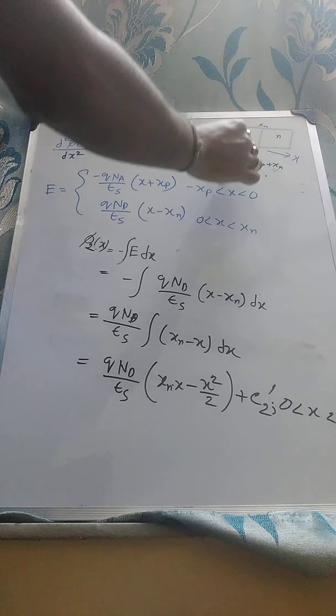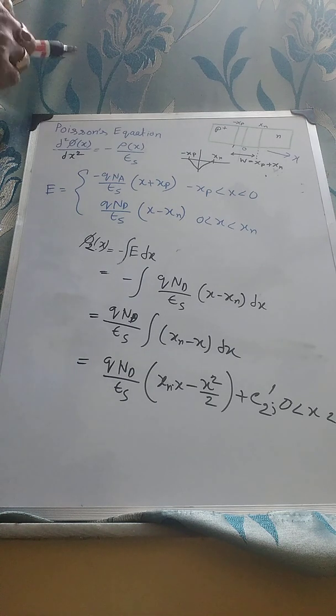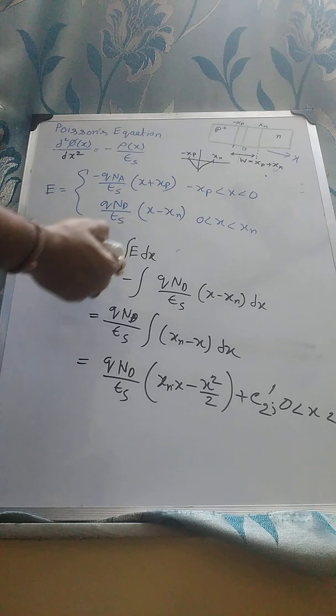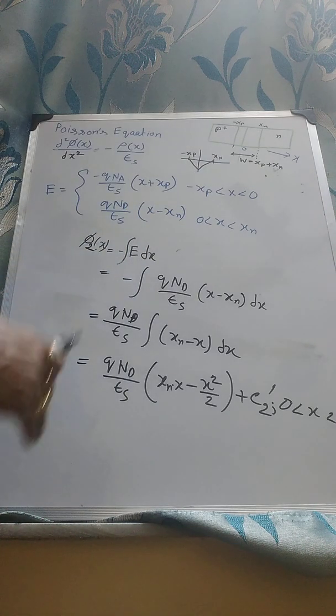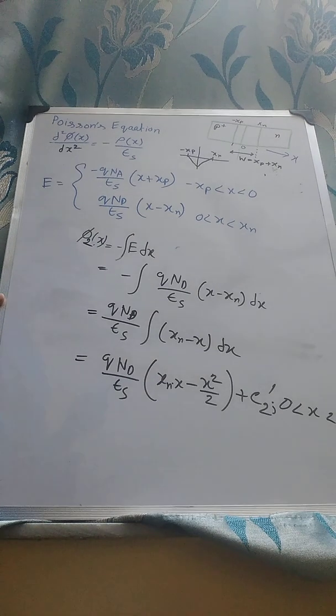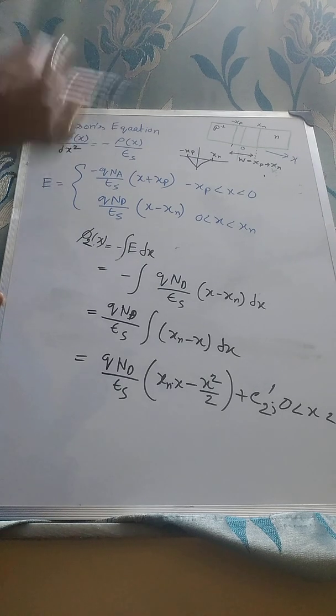As we don't know what is the potential before xp, we also don't know what is the potential after xp, because the information from which we derive this equation, that is the electric field, was only valid between xp and xn. So we don't know what is after this, right? So we cannot put that value to find out C2 dashed, right?